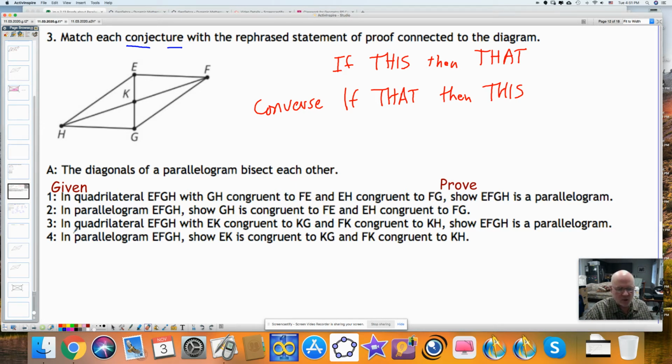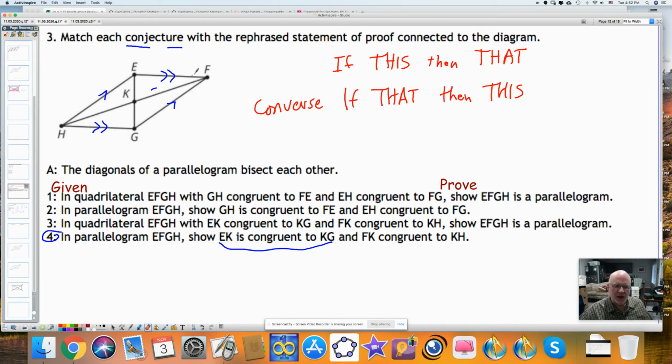And the way that we did that was saying, given a parallelogram EFGH such that EF is parallel to GH, EH is parallel to GF, show that EK is congruent to GK and HK is congruent to FK. Because if EK and GK are congruent, that means that HF is the bisector of that segment.